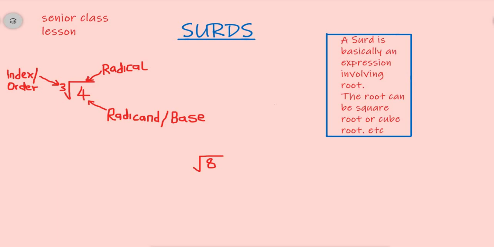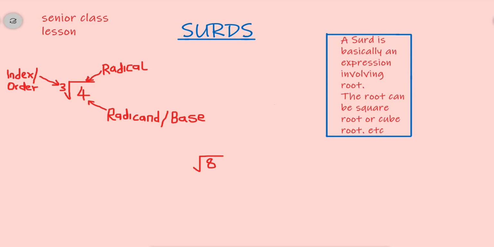Alright, as you can see from the screen, this is the naming aspect in surd. A surd is basically an expression involving roots. That is, you may have square roots or cube roots or other roots, but this is how you can recognize surd.